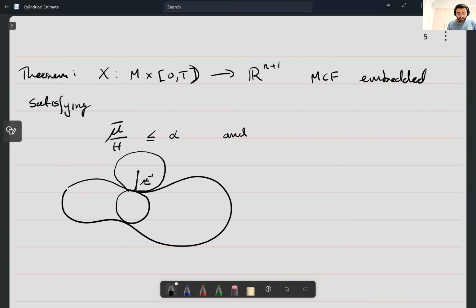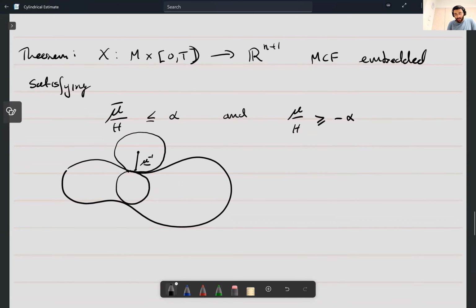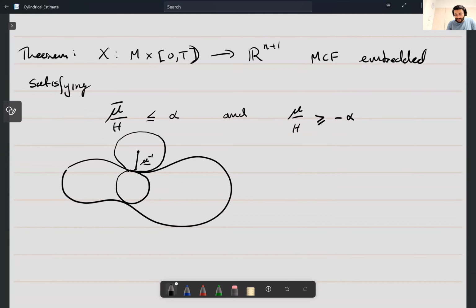If this ball is on the outside of the surface, then this quantity here is negative. The same calculation that's done for the inscribed radius also tells you that the ex-scribed curvature is bounded below by minus, let's use the same constant, minus alpha. Oh, actually, I'll need two bars there, don't I?